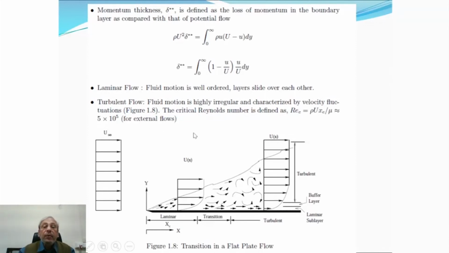And turbulent flow is fluid motion which is highly irregular, characterized by random fluctuations, and in the picture we have shown it also.